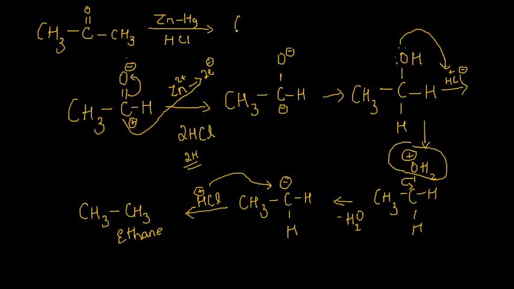Immediately, in the carbonyl group, you remove the oxygen atom and two hydrogens are added, so it converts to CH3 CH2 CH3, which is the hydrocarbon propane, right? This is a very simple way of understanding Clemmensen's reduction.